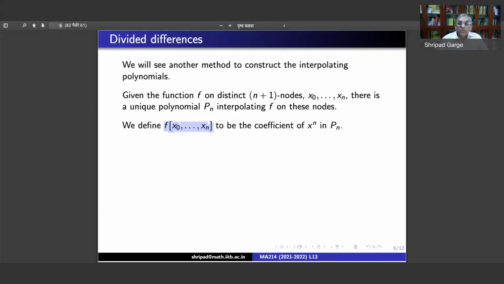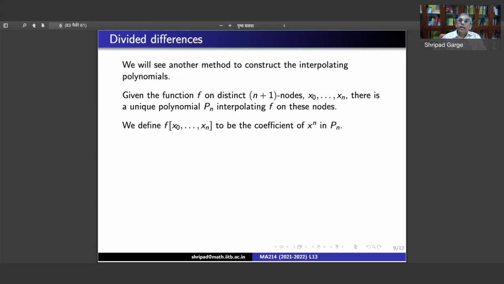In mathematics, whenever you are using some data to compute something and you are calling it a function, then we should see what is the data on which it really depends. So does it depend on Pn? No, because once you know what is f and what are these n+1 nodes, then Pn is uniquely determined.